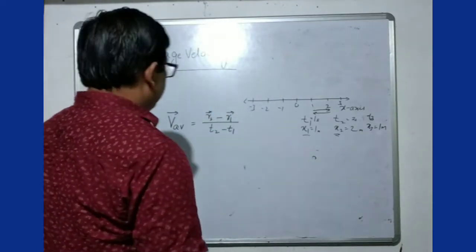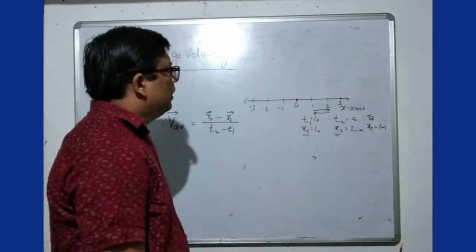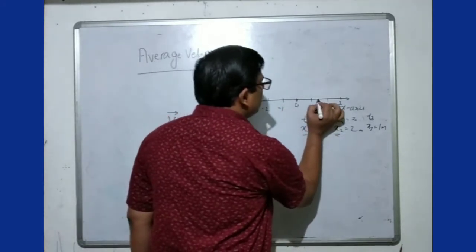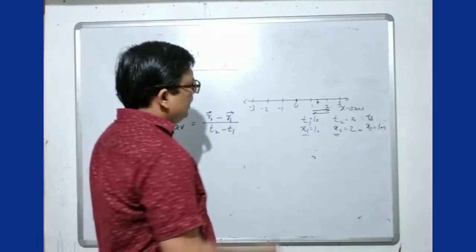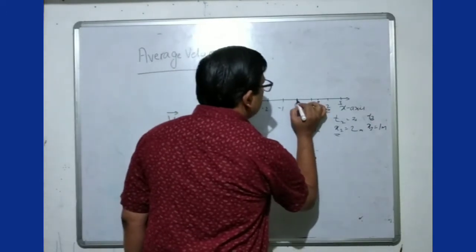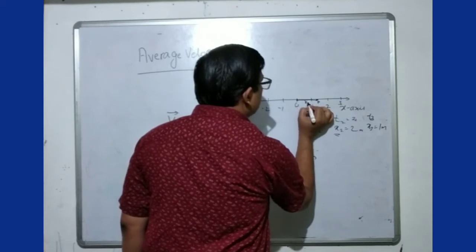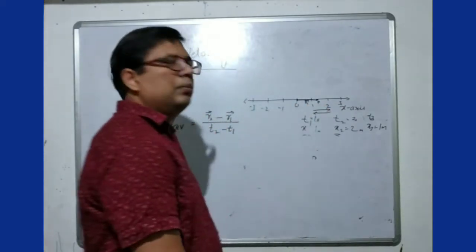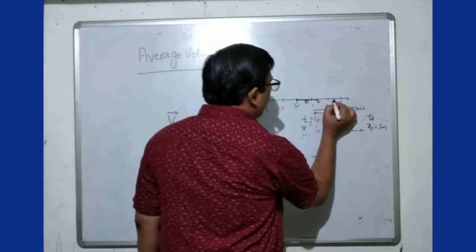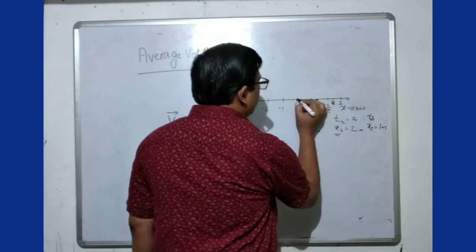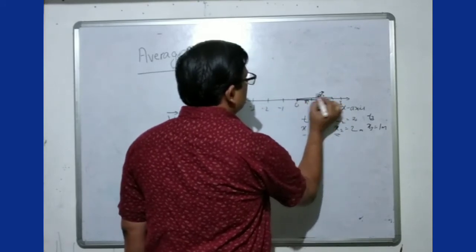In the same way, if our origin is this O, then what will be the position vector of any point P? We simply draw from the origin to this point P. So this will give the position vector of point P. Similarly, we take another point Q, then its position vector will be this R2.